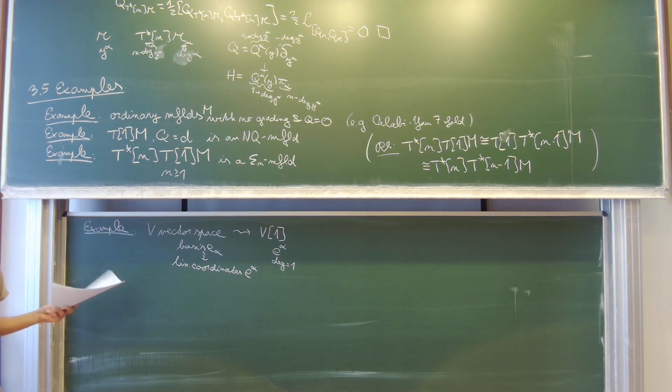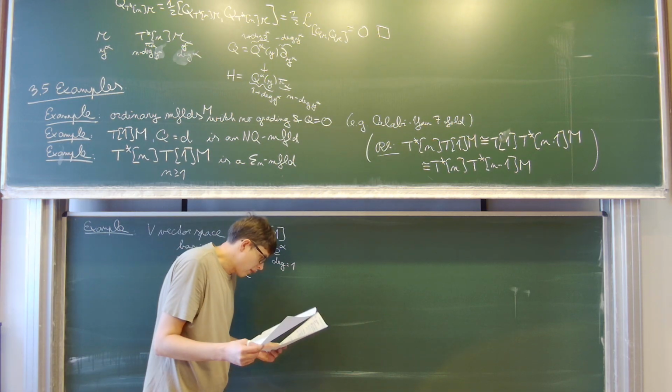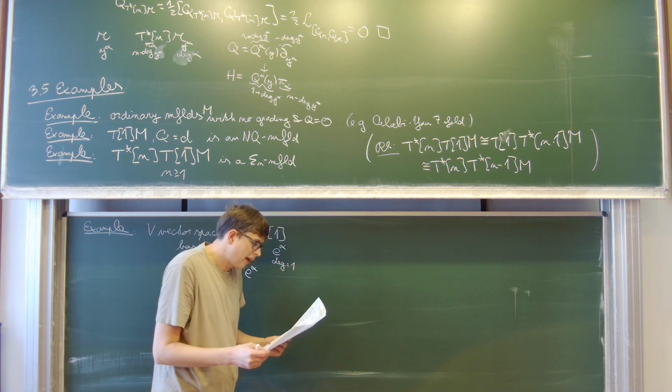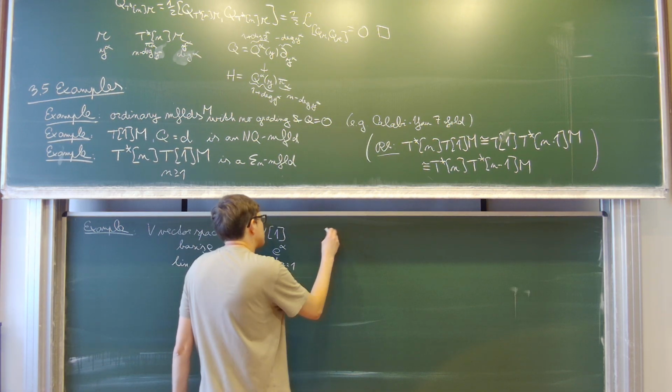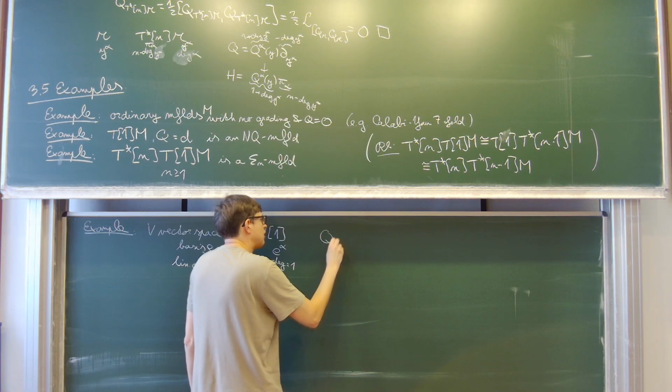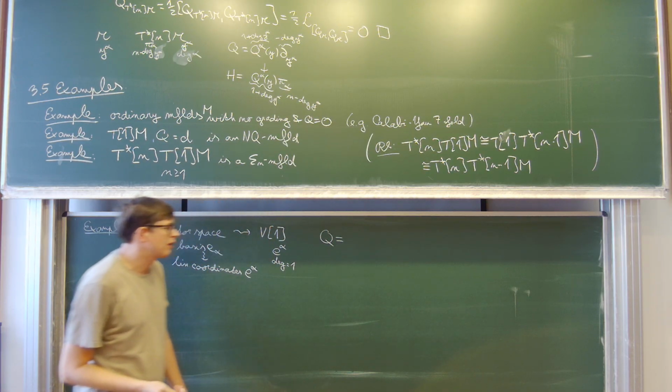Okay, so we have an N manifold. It's a simple one. Now, what does it mean if we want to turn it into an NQ manifold? I need to supply it with a vector field, and now we will play the following game. What is the only thing that you can do?